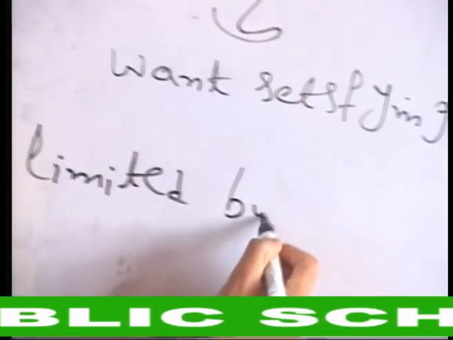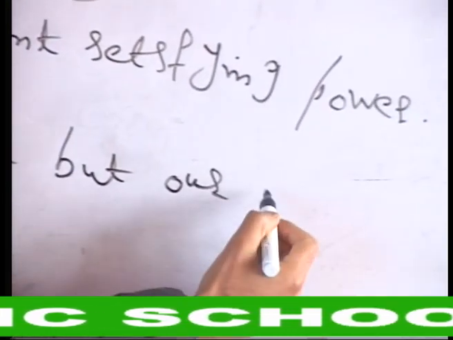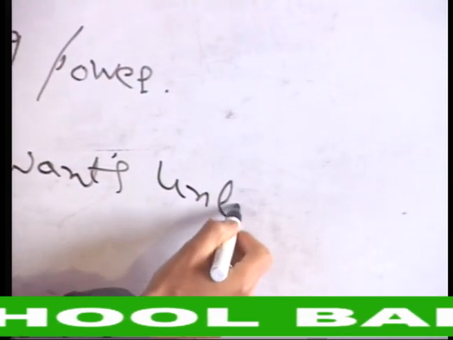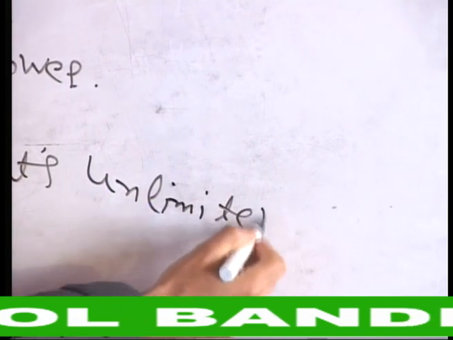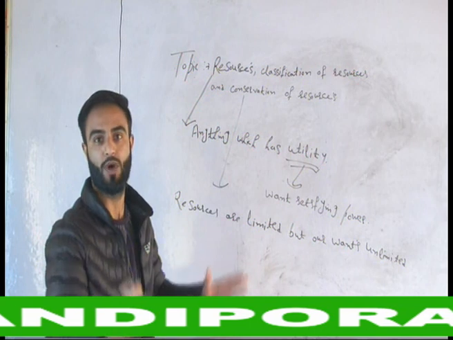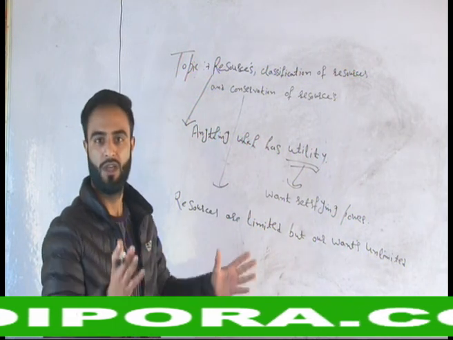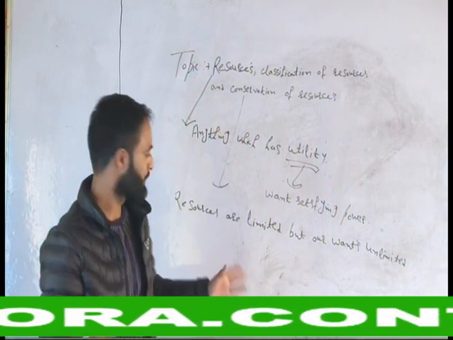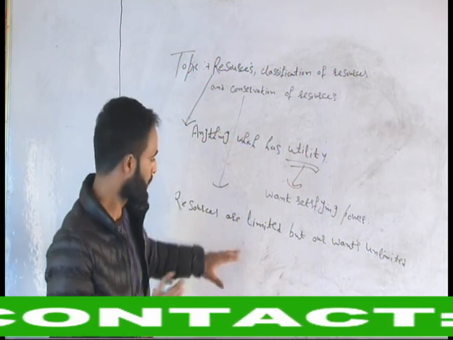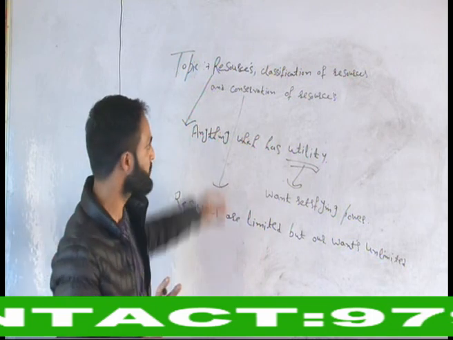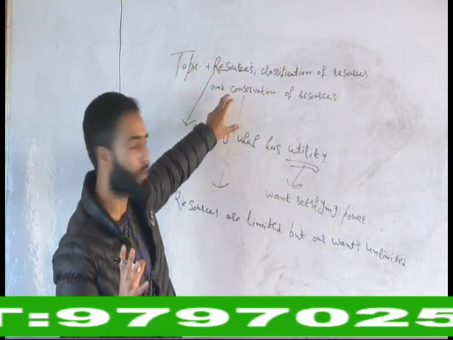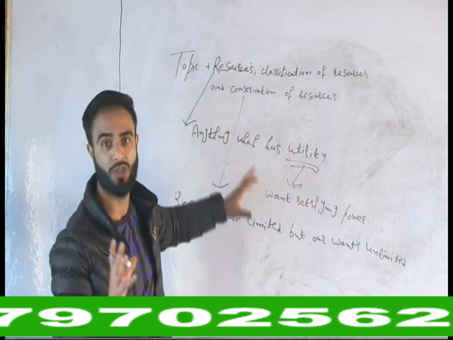This creates a war between resources and wants. Our wants can't get satisfied, but the resources are limited. Because of limited resources and unlimited wants, the question of conservation of resource arises.